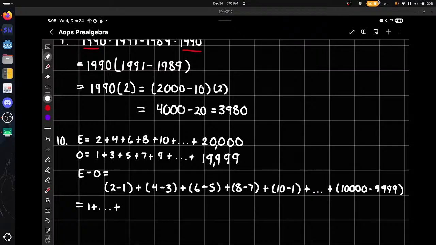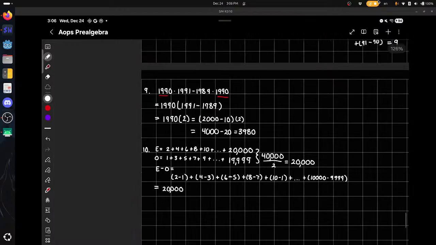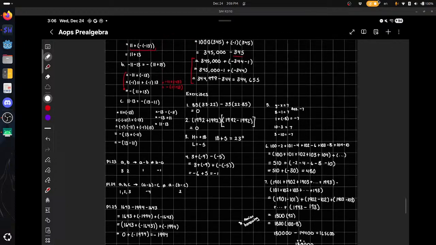Because we don't want a -1. So now there is 4,000 numbers total. We grouped that up, so we divided by 2. So now we're left with 20,000. So I think there's 20,000 numbers, or the even numbers exceed by 20,000. Oof, I have no idea, but let's just check. Let's check our answers now.